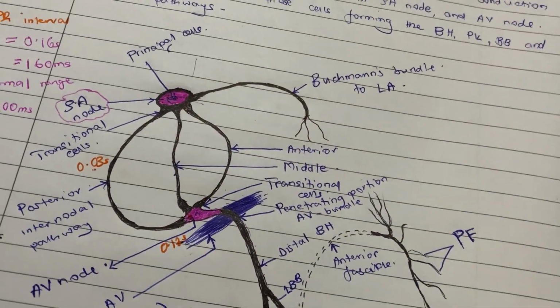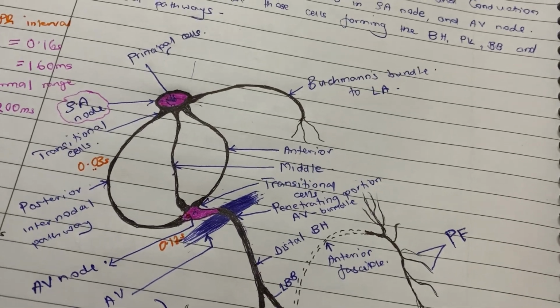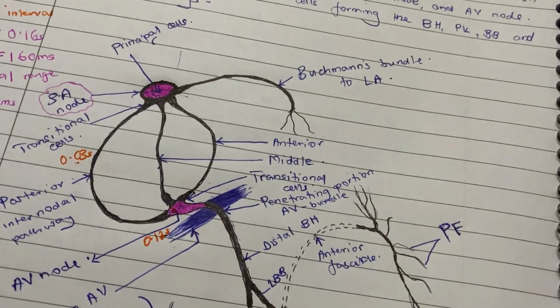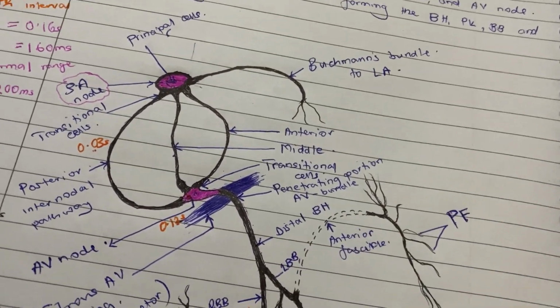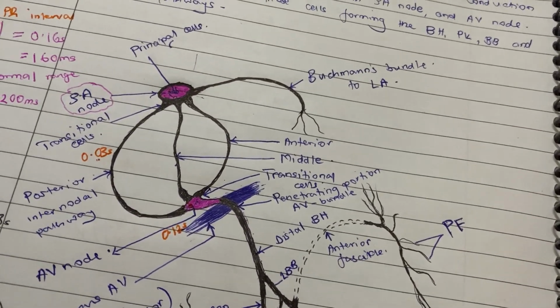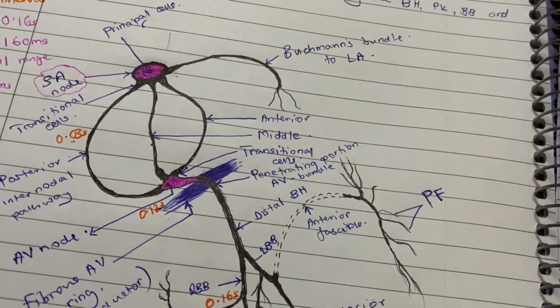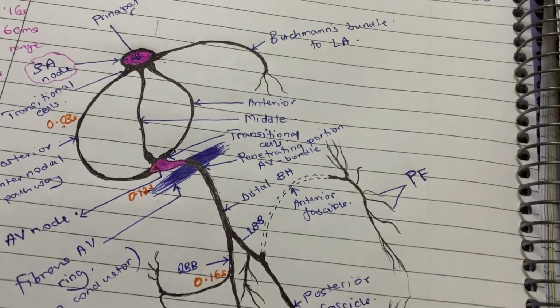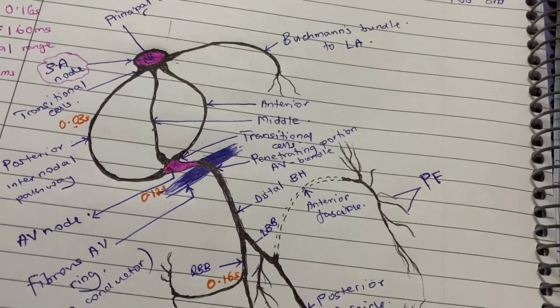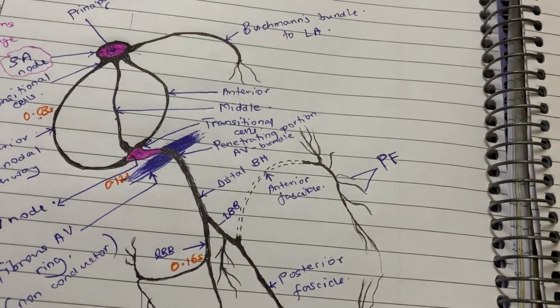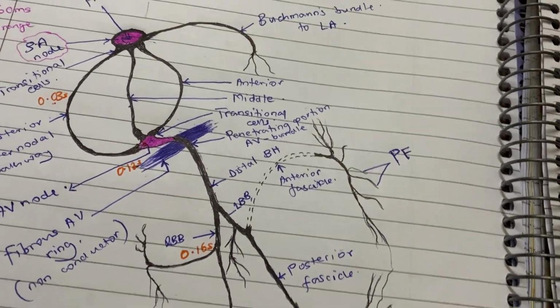The atria have to be depolarized fast, but depolarization in the right atrium will be fast compared to the left atrium. So the right atrium first, left atrium next.